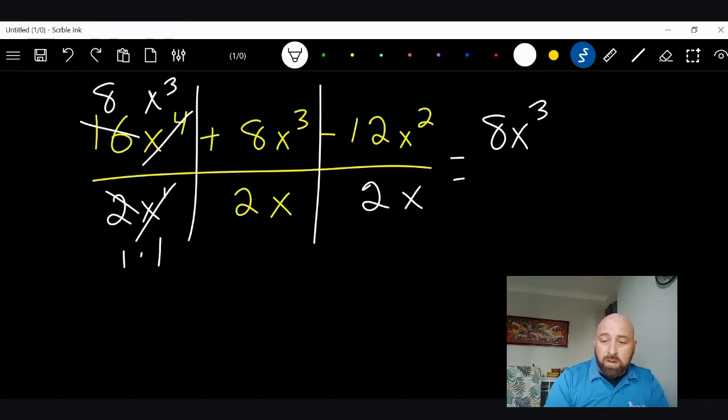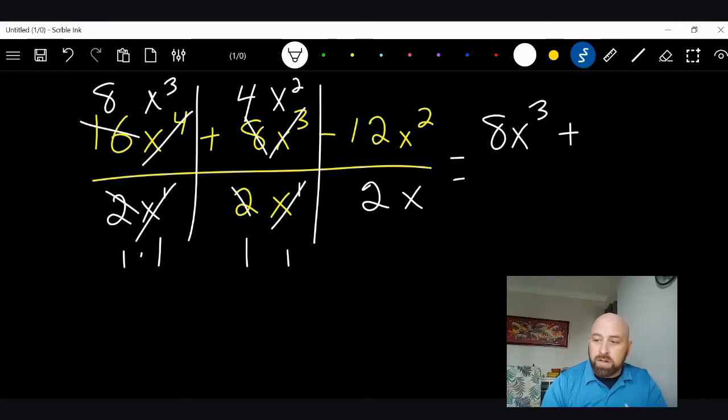And so now we have, this is going to be a positive, okay? So we're going to have a positive. We're going to cancel here. That's going to be a 1. That's going to go to a 4. And that's an x to the first, so we subtract, remember, and so this goes to an x squared, and that cancels out to a 1. Again, we have a 1 for denominator, 4x squared. Now we have a minus.